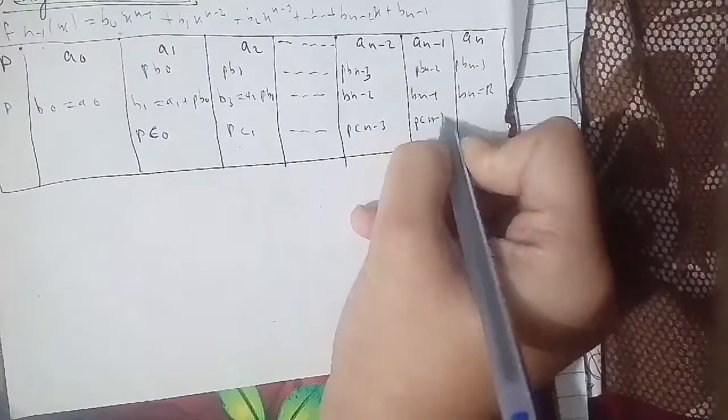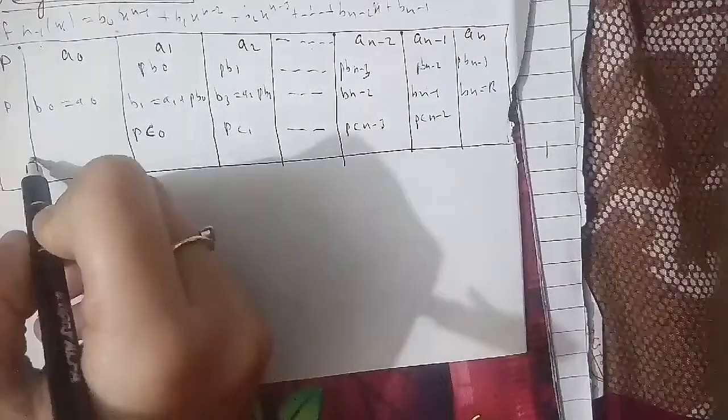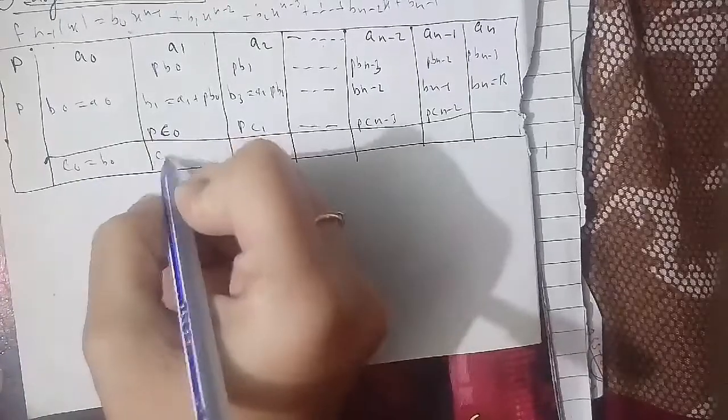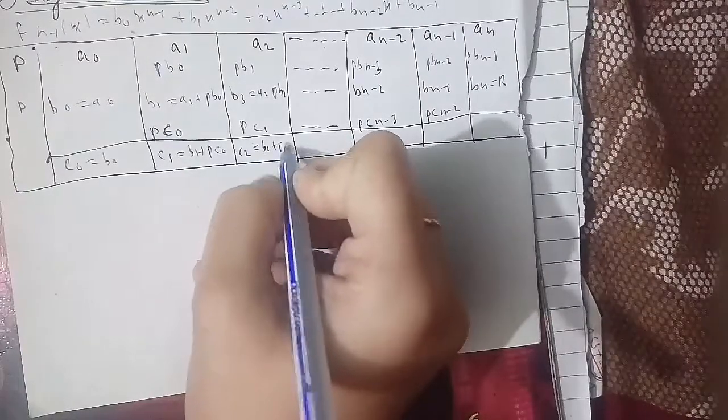So let f(x) be the polynomial of degree n, that is f(x) equals a0 x^n plus a1 x^(n-1) plus a2 x^(n-2) plus ... plus a(n-1) x plus an. Let the initial approximation of the root be p0.